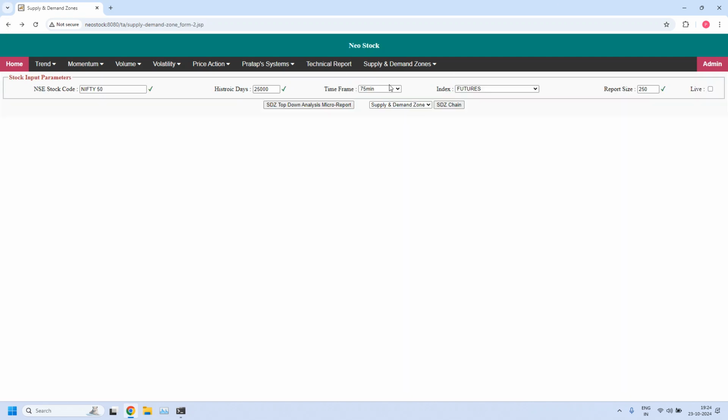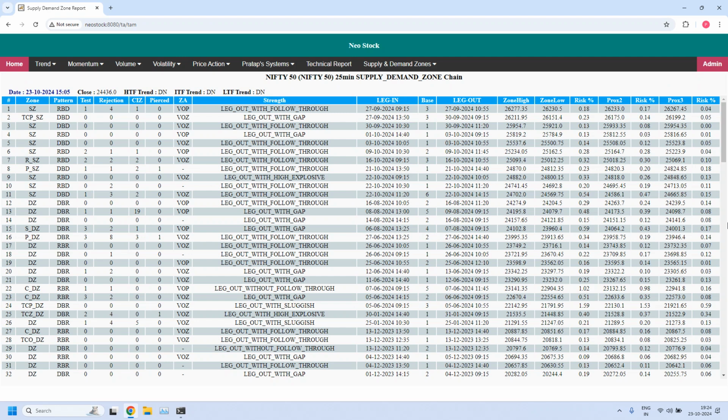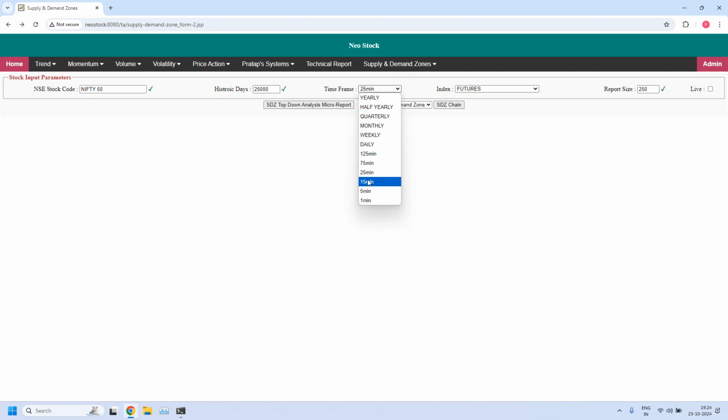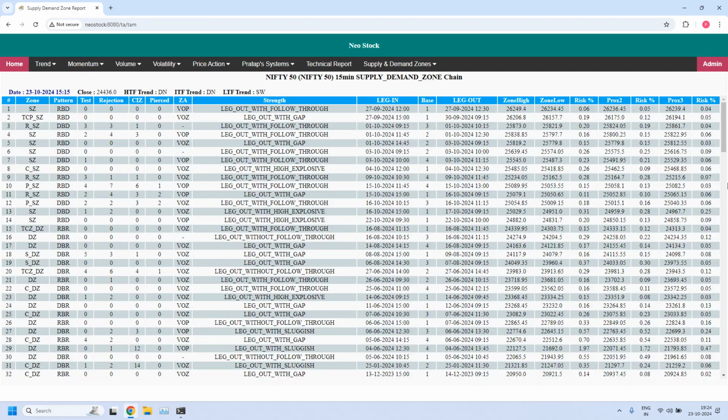Next time frame is 25 minutes, generating 25 minute supply demand zone chain for NIFTY. Next time frame is 15 minutes, generating 15 minute supply demand zone chain for NIFTY.